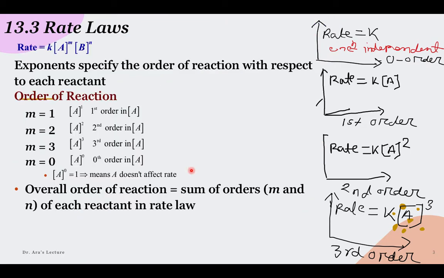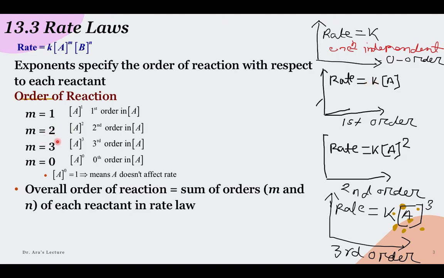This exponent value determines the order of a reaction. If m equals 1, we say this is a first order reaction, and the rate equals k times the concentration of A. If we put the value 1 here, obviously the rate equals k[A].